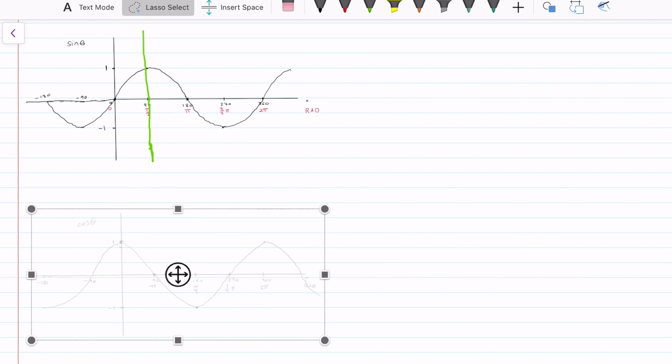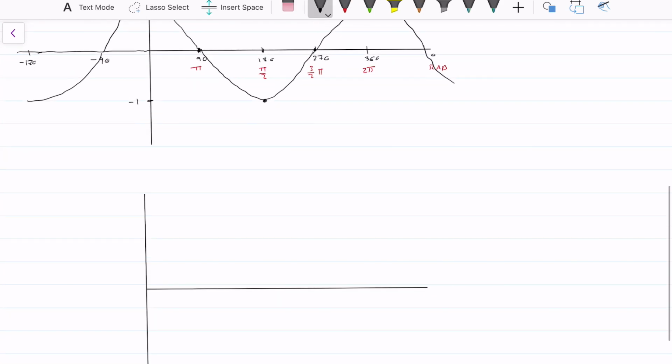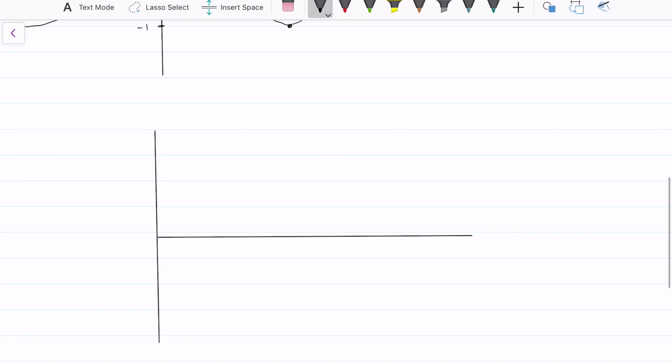Okay, and that becomes quite useful. So again, that's something to note. Okay, now let's draw the last graph, which is the tan graph.